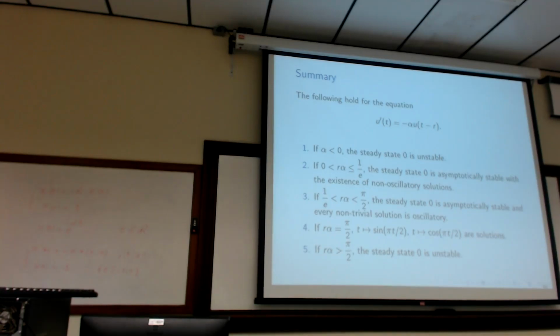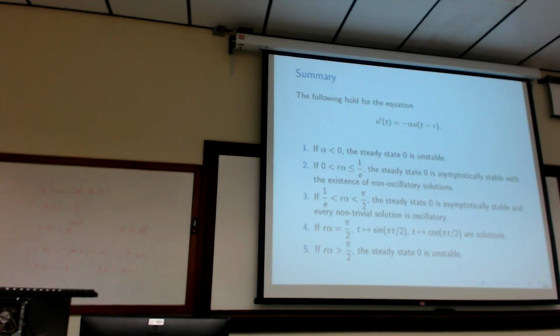At the first threshold, you have asymptotic stability but not oscillations. You can have some solutions oscillate, but not all of them. Between 1 over e and pi over 2, you have at the same time asymptotic stability and all solutions oscillate. And when you come to pi over 2, you have an attractive limit cycle.